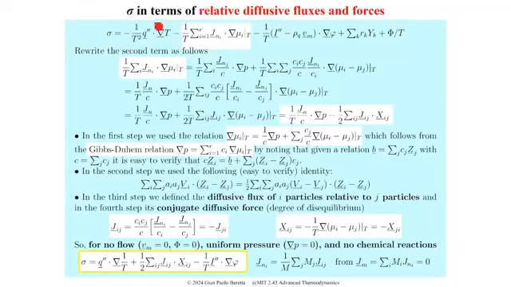I won't go over it because we talked about it so many times, but we now want to concentrate only on this term which has to do with diffusion of particles, and we want to rewrite it in a form that goes only up to r minus 1, or essentially that it is written in terms of independent fluxes.